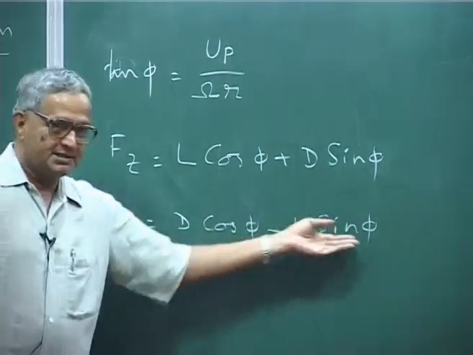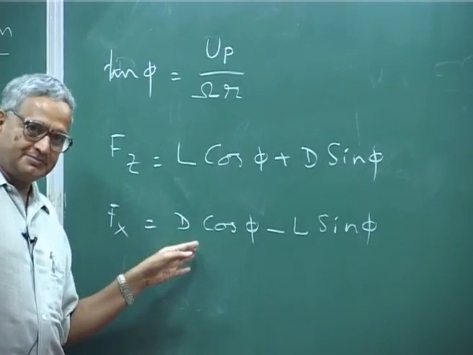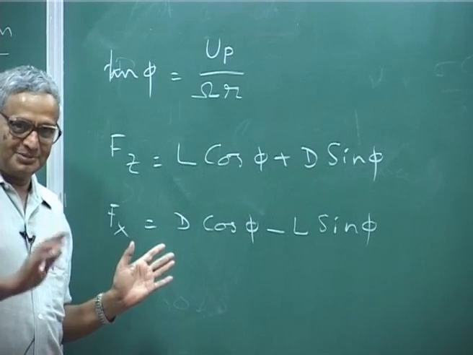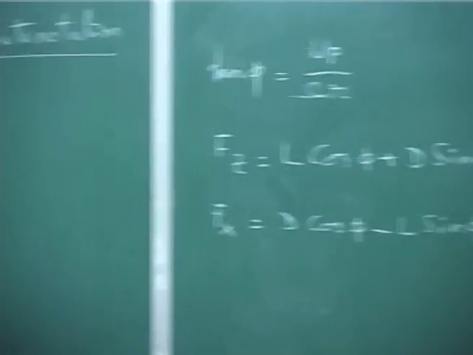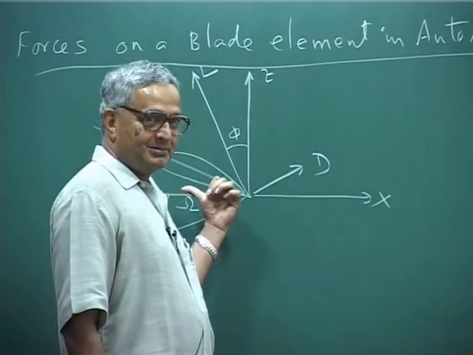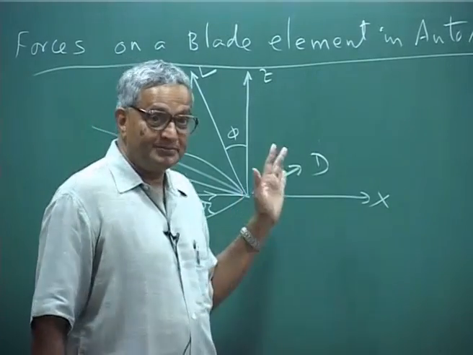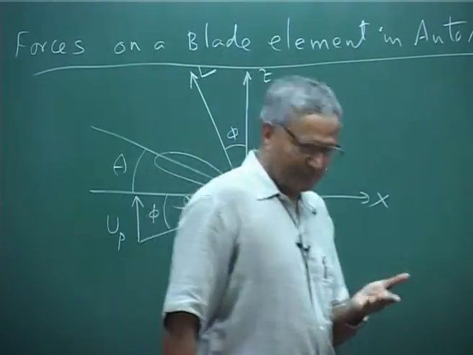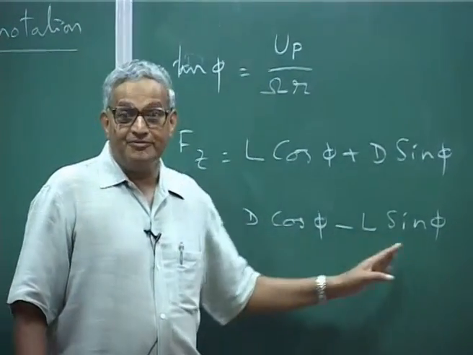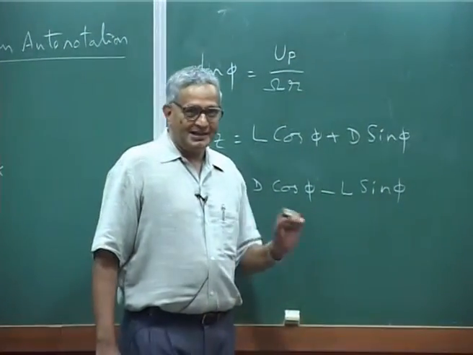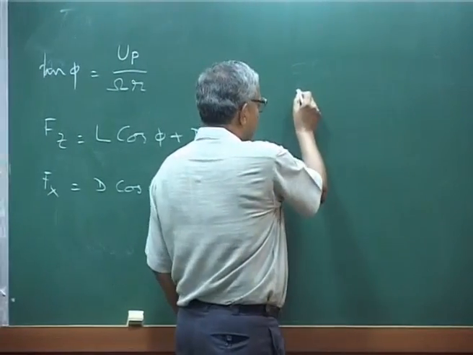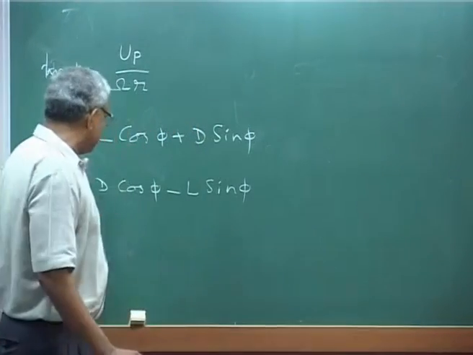But this quantity can be positive or negative, because the Fx can be positive or negative, or it can be 0, depending on, of course, how D and L contribute depending on the angle phi.